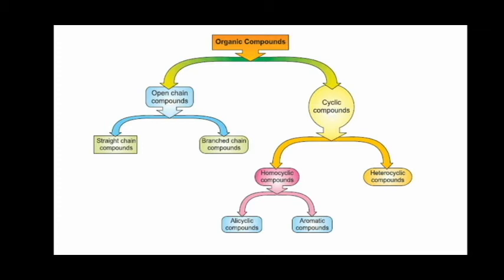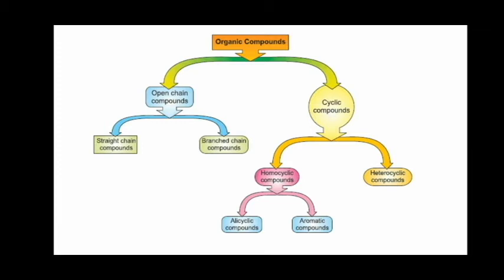Then in the case of cyclic compounds, again it has been classified as homocyclic compounds. Previously we had the word about the cyclic. If the carbon has a bond, that means a saturated bond, it is homocyclic.